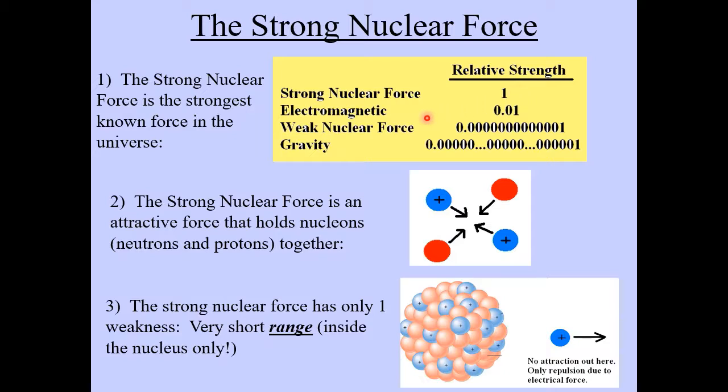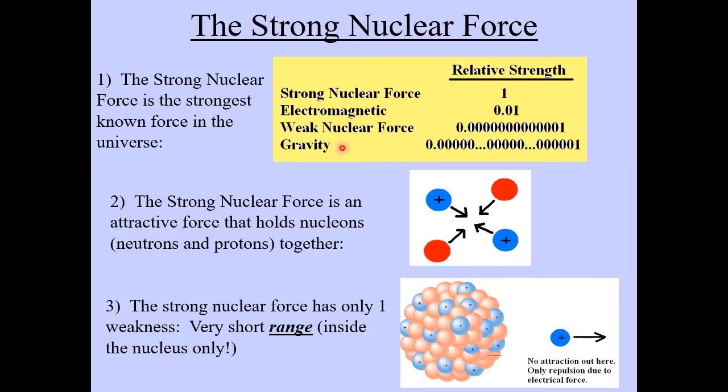Now, after that, there are 2 more forces. One of them is called the weak nuclear force, and you can see it is very weak compared to the strong nuclear force, and it's involved with certain nuclear decay reactions, and we're not going to talk about the weak nuclear force in this course.